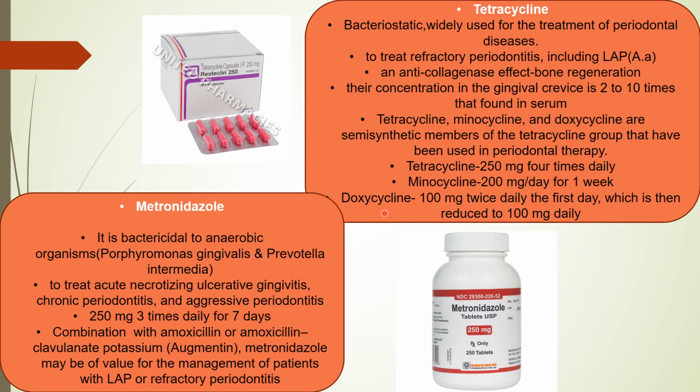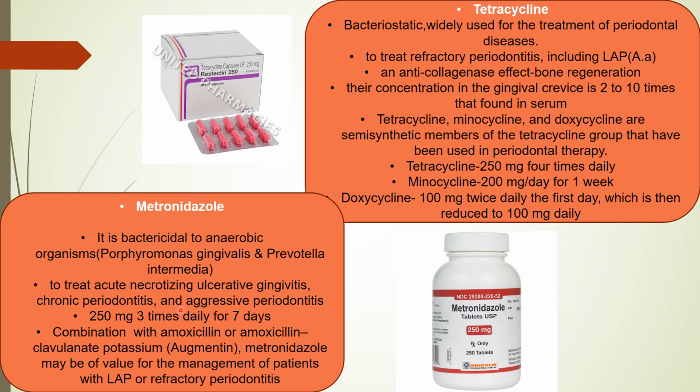Then coming to the metronidazole, it is bactericidal to anaerobic microorganisms, especially against Porphyromonas gingivalis and Prevotella intermedia, and it is used to treat chronic periodontitis and aggressive periodontitis by disrupting bacterial DNA synthesis in conditions with a low reduction potential.